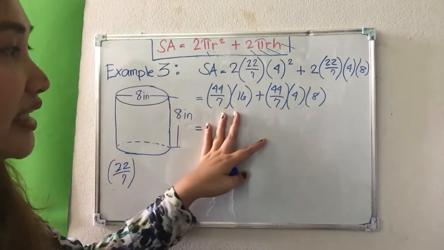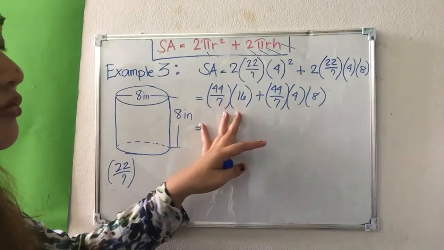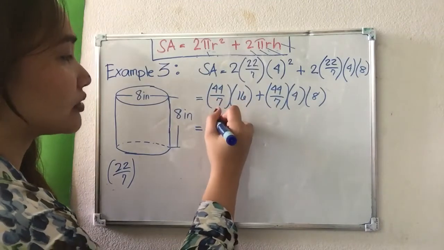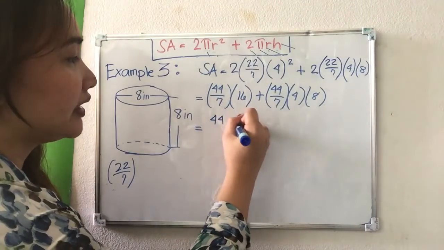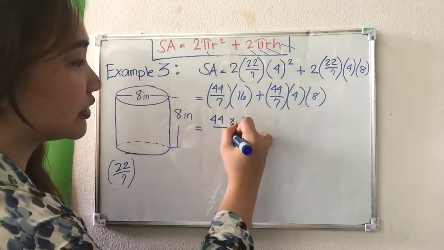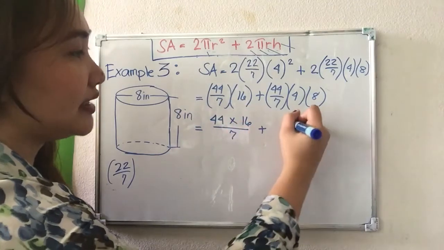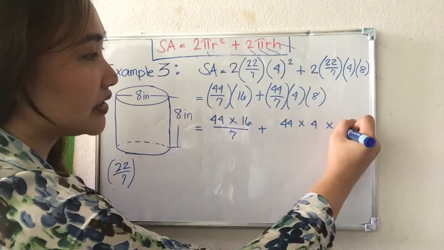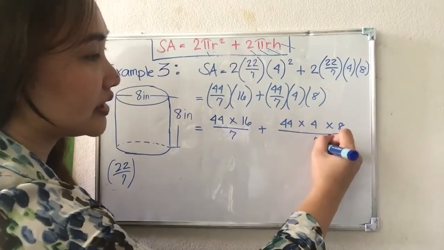Now take note, this is a fraction form, so we will do the basic of the fraction form. Times 16/7 plus 44 times 4 times 8/7.